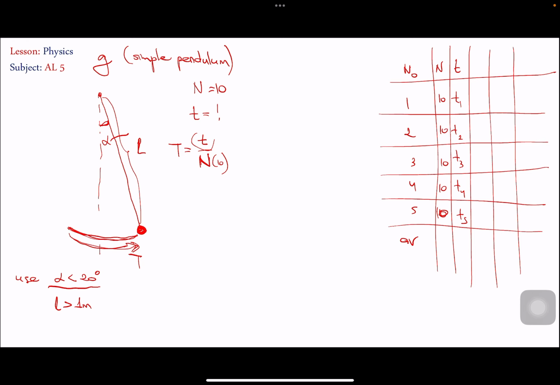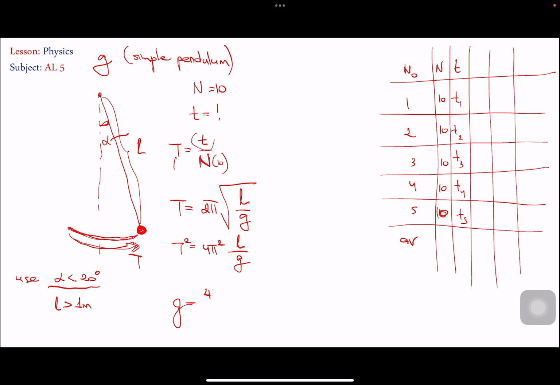Now, finally, when you find the different periods, you know the formula for the simple pendulum, that is T equals 2 pi root of L over g. When I take the square of both sides, I'll have T squared equal to 4 pi squared L over g. So g can be found by the formula 4 pi squared L over T squared.